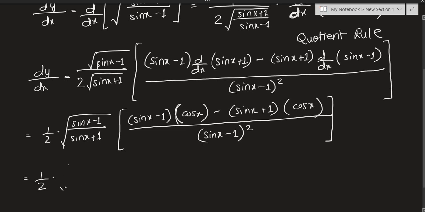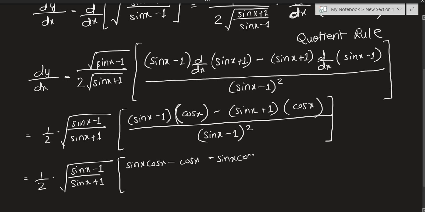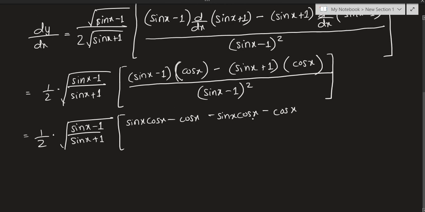So why don't we expand the bracket now? Just write everything as it is. Sine of x minus 1 divided by sine of x plus 1. We have a sine of x times the cosine of x minus the cosine of x, minus the sine of x times the cosine of x minus the cosine of x, but we still have to divide by sine of x minus 1, the whole thing squared.